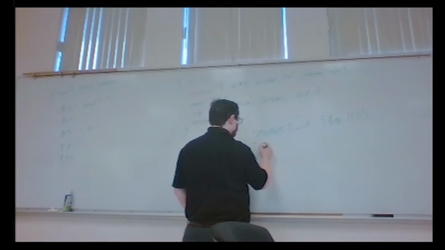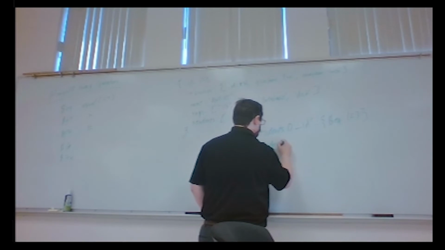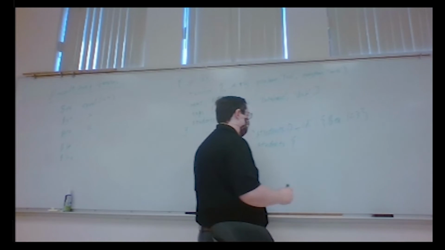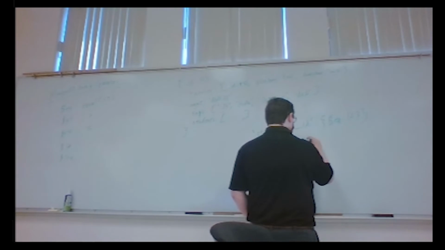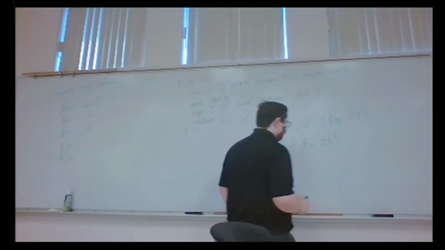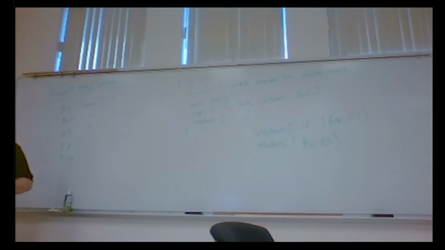So maybe instead of writing that, maybe I write students, okay, and you're saying, let's use the in operator. Mm-hmm. Okay, so if I say in 1, 2, 3, does that work? That can give us any instance of 1, 2, 3 in any part of the array.